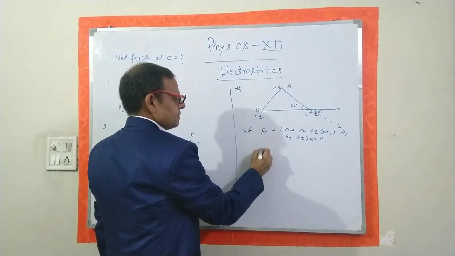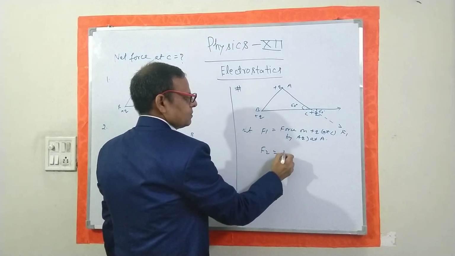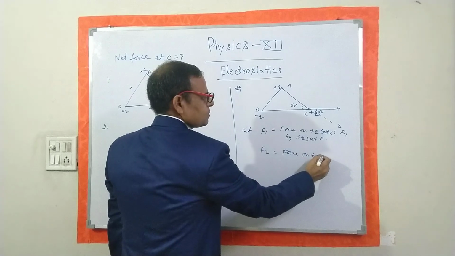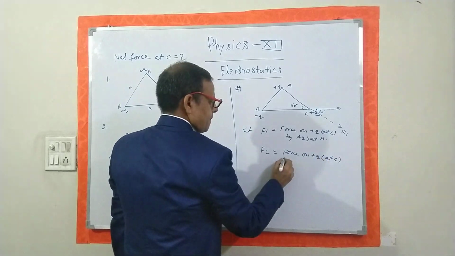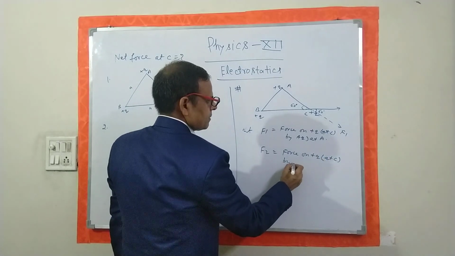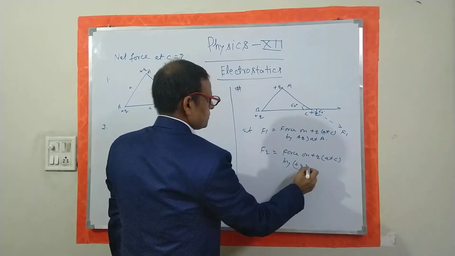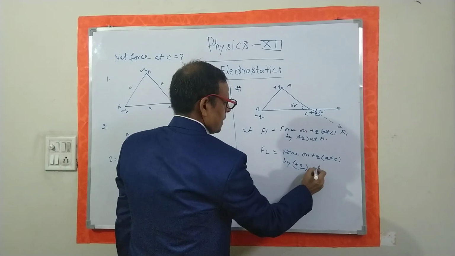Similarly, F2 is the force on plus Q at C by plus Q at B.